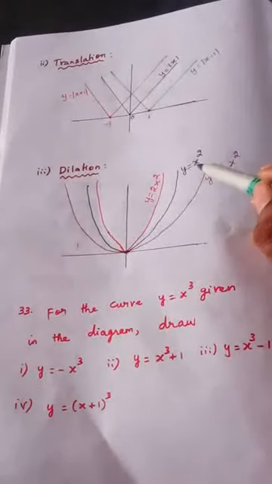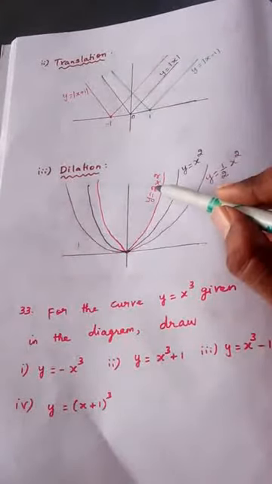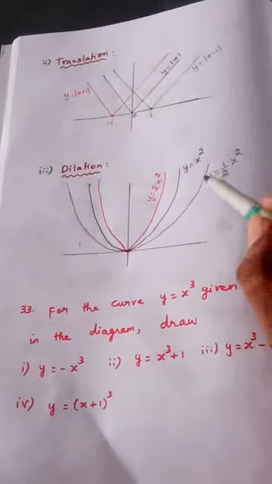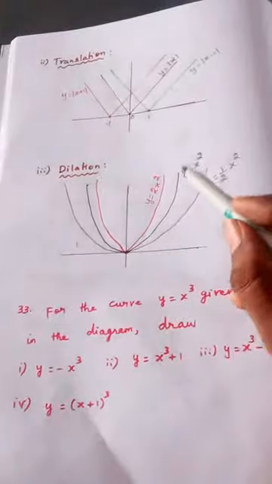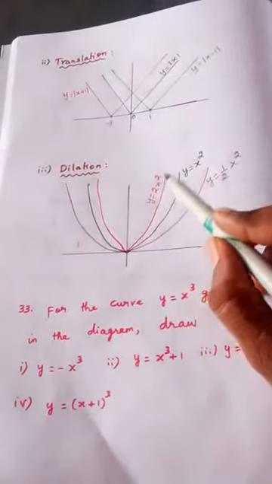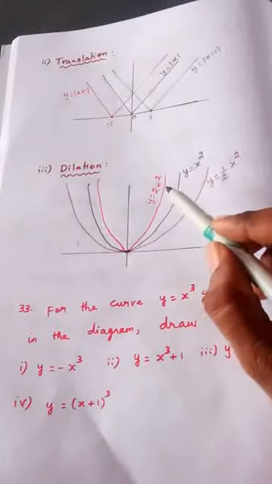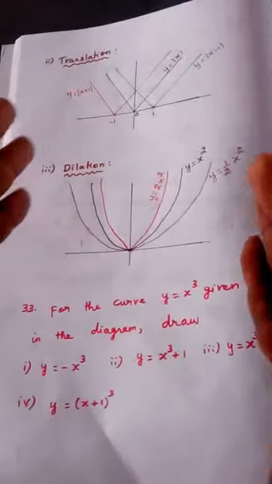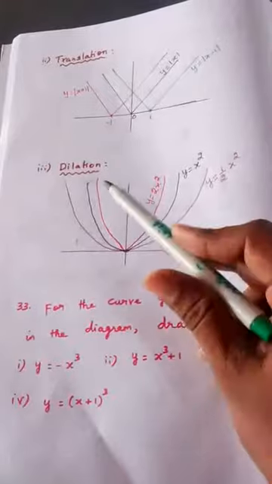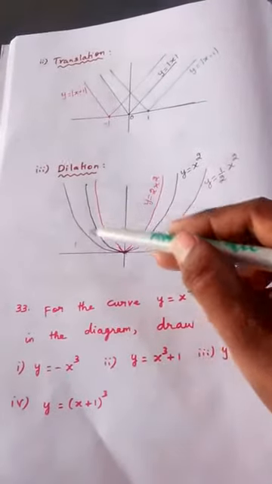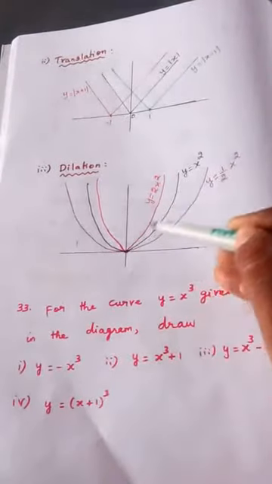That is the only difference. If y is equal to x square is the diagram that we know, y is equal to 2x square is a diagram which gets contracted towards the y axis. This is expanded, this is contracted.